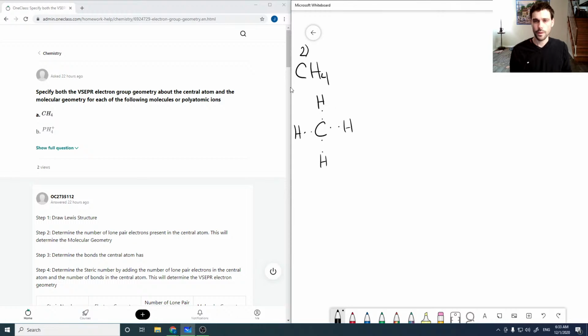I just do this by simply putting in all the valence electrons and seeing if we get nice bonding, which we do. And so this looks like the right structure. Of course, when we draw it into the molecular structure, it's going to be three-dimensional.